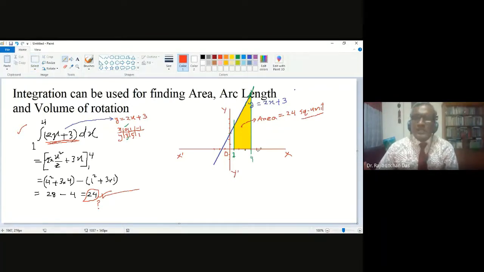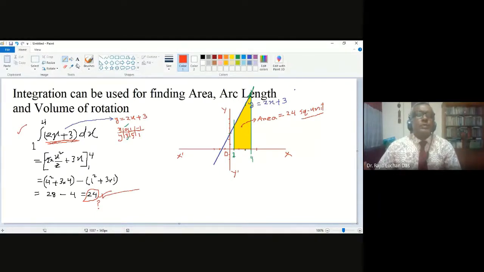Second is the x-axis. Third is the lower boundary line of the x value given. And fourth, right side boundary is the upper boundary line of x value given. So with all these 4 lines, when you get the certain space or place, area of that particular place will come.